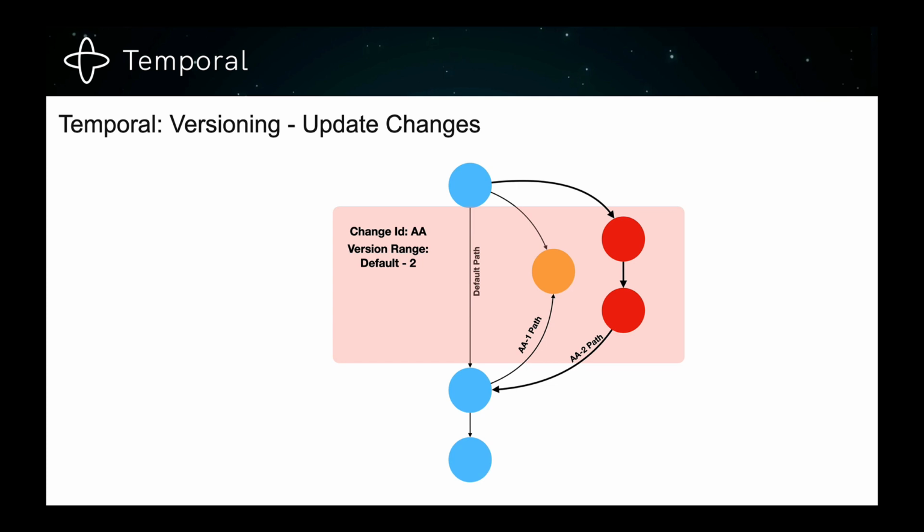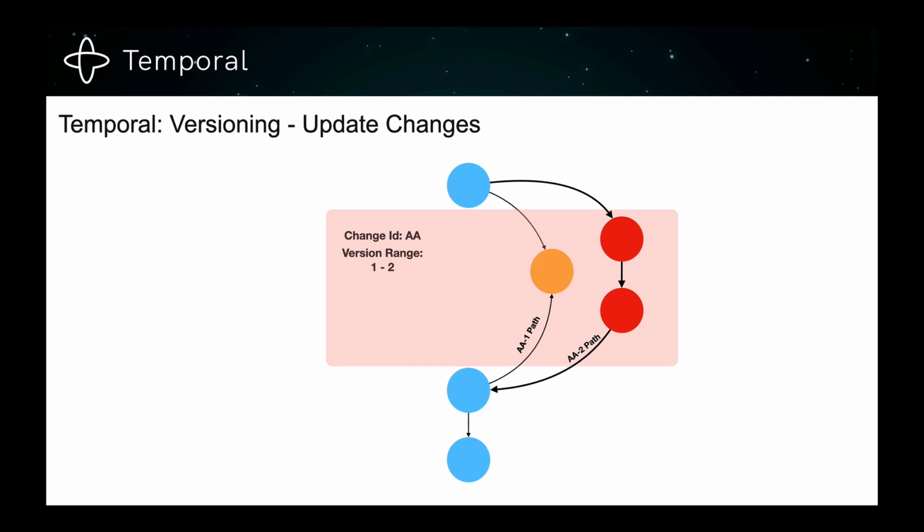If we know that all of our currently running workflow instances have passed version 1 already, then we no longer have to maintain the default path of our change in our code. In this case, we can change the version range of our change to 1 to 2, meaning that we only support workflow instances, during replay and so on, that have been executed with our change ID AA and either version 1 or version 2 of this particular change.